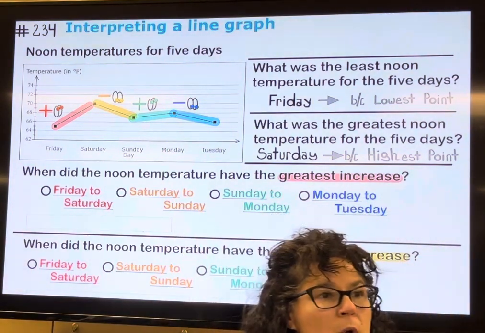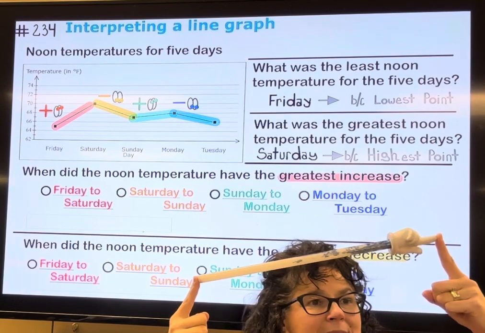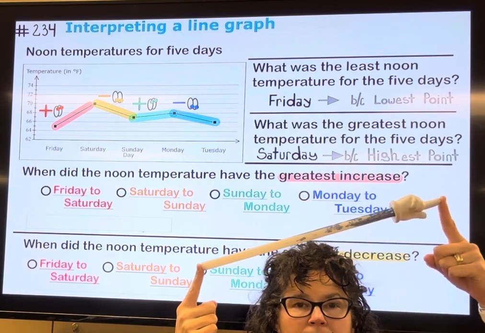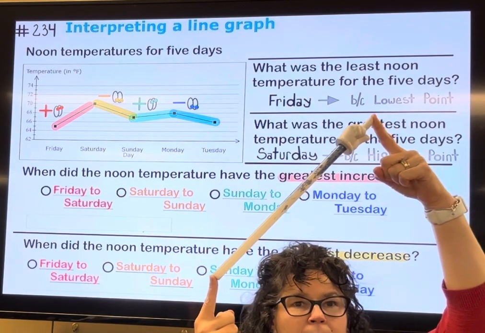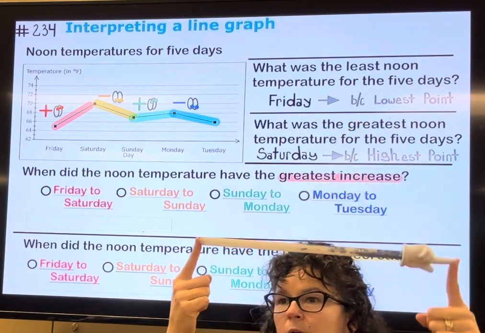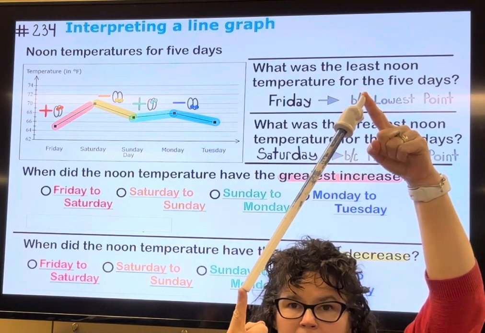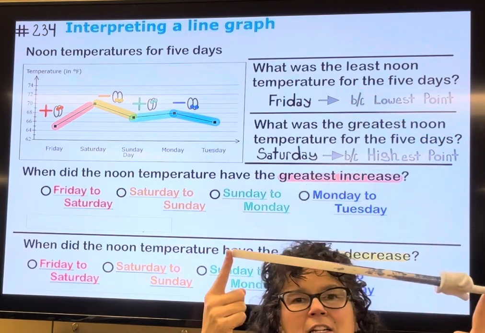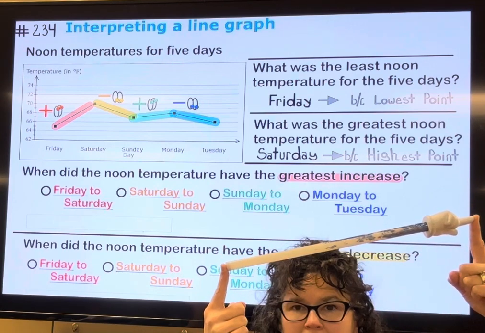And then if you have a really big increase, what happens is the slope is steeper. Like here, it's this steep, and then that's even steeper. If you have a really big increase, you're gonna have a really steep line segment. And if you have just a little tiny increase, it's only gonna be a moderate steepness there.